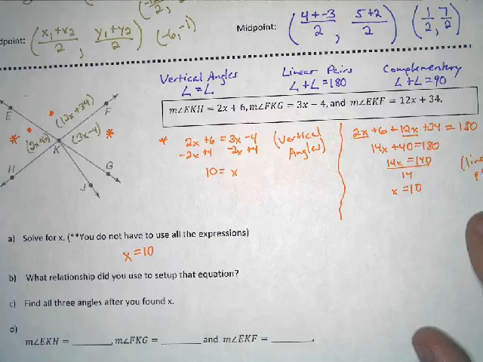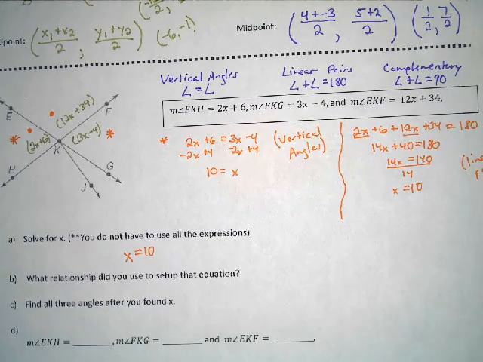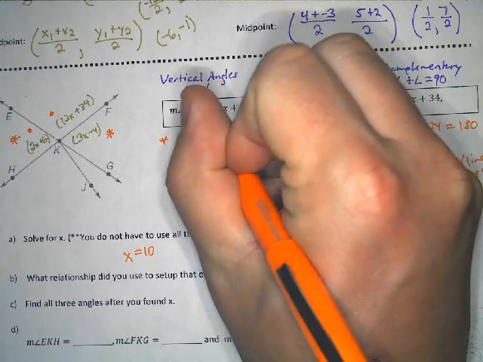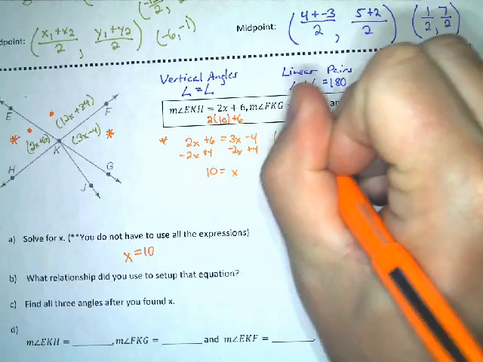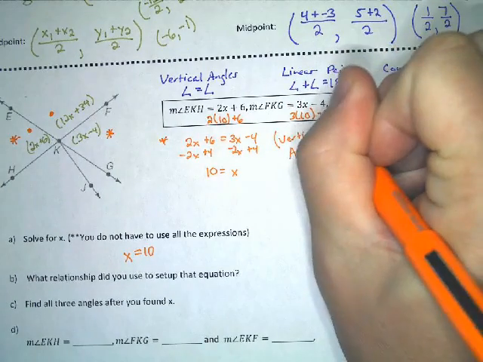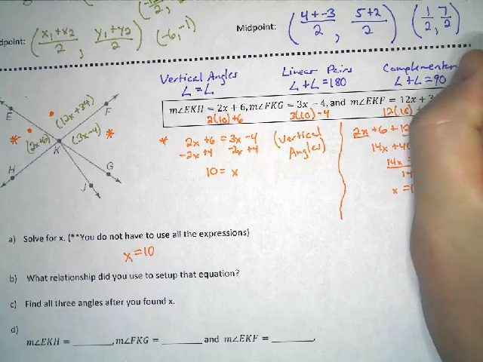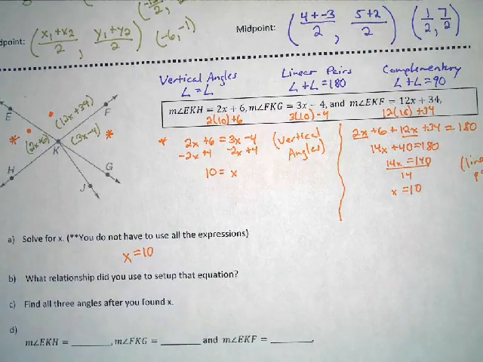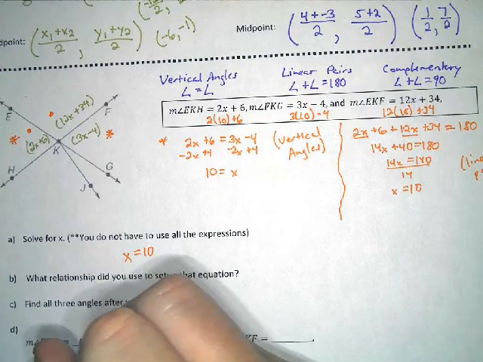Find all three angles after you found x. So for this step, we're going to just plug x back in. So we're going to plug 10 back in. This one, for EKH, we get 26.